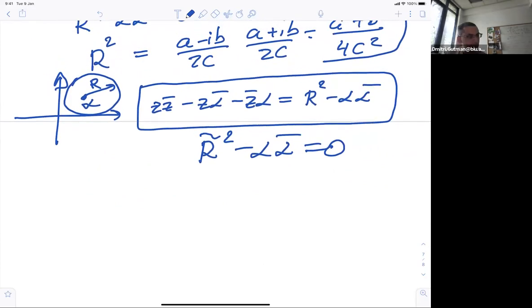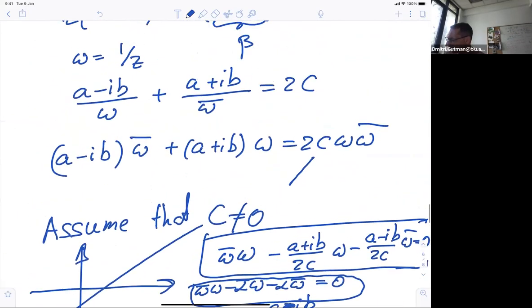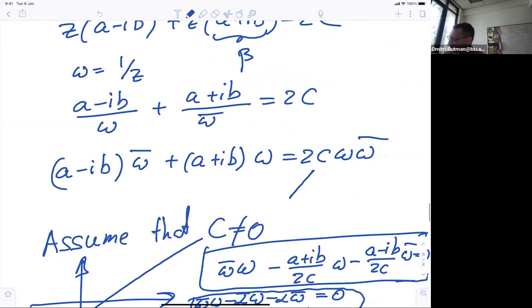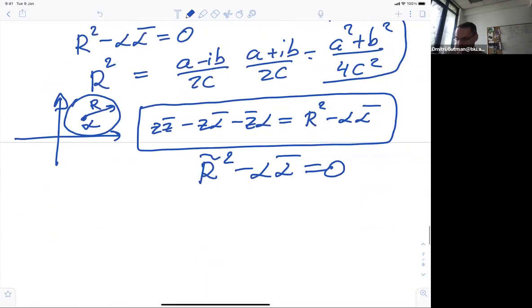If we take a line with c equals 0, then this term will be non-existent, and therefore we will have a line that also passes through the origin. So let us do it slowly. Maybe it's worth doing it slowly.